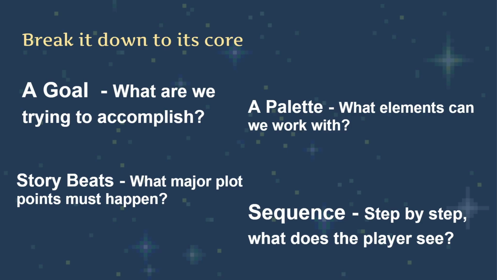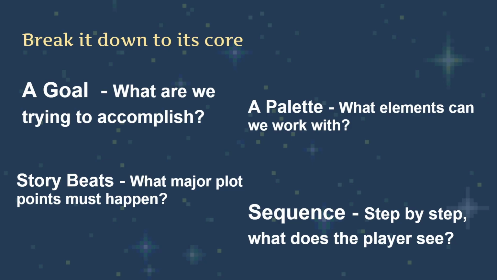So narratively, what major things happen in that play space. If it's a very linear narrative-oriented game, then this will be really important. If it's more of a sandbox, then maybe that's not as important.